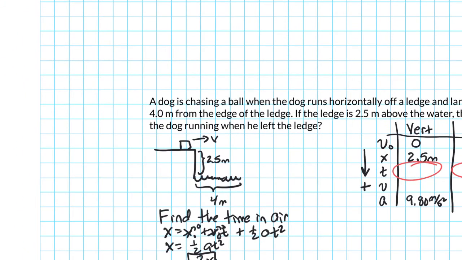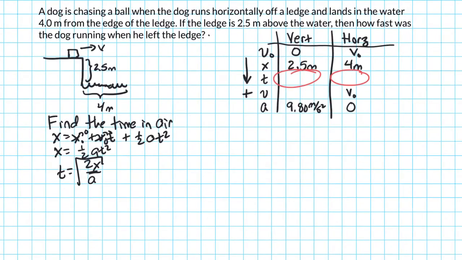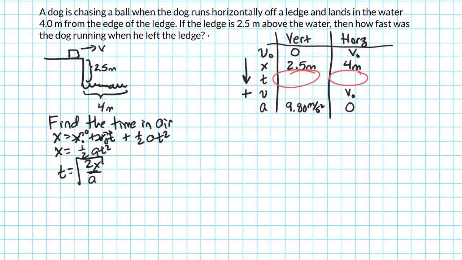Okay. So let's see. That is going to equal the square root of 2 times x, which is 2.5 meters, divided by 9.8 meters per second squared. And that'll give me the time.